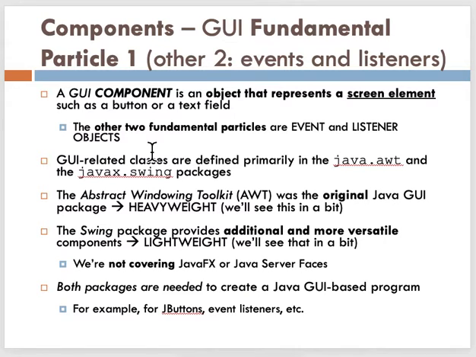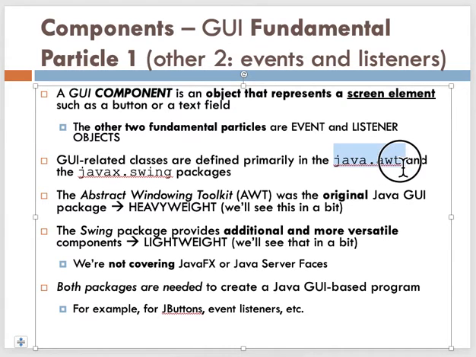Most of these GUI related classes in Java are defined in the Java AWT library, that's the Abstract Windowing Toolkit. And they're also defined in the javax.swing package as well. These harken back to the history of Java.